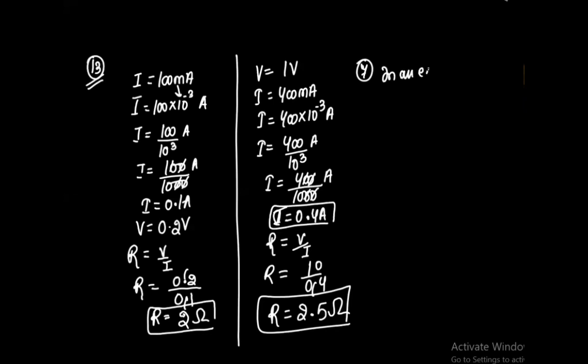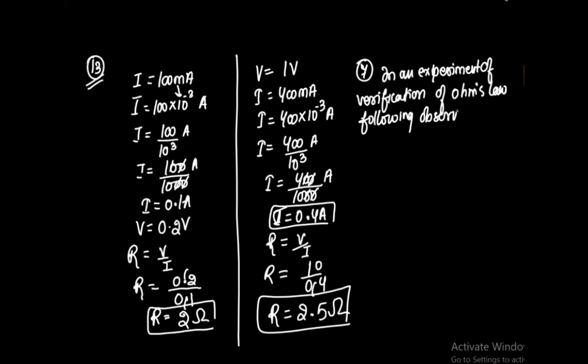In an experiment of verification of Ohm's law, we must have done it, someone must have done it, verifying Ohm's law, that R stays constant. The following observations are obtained.